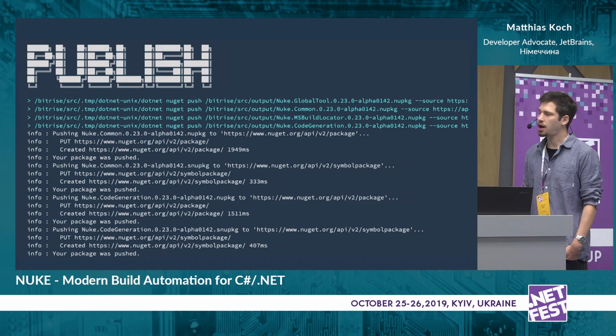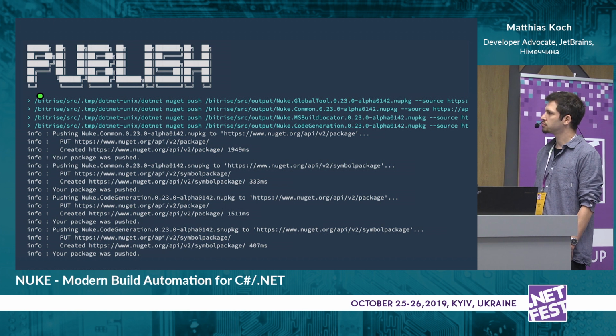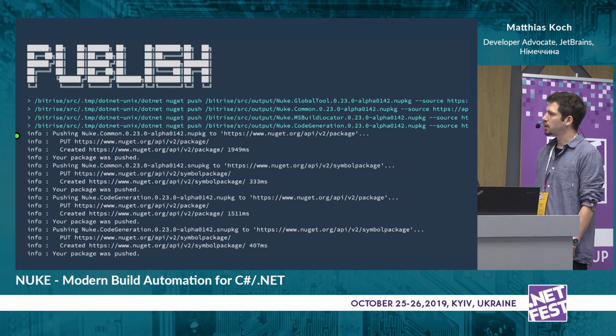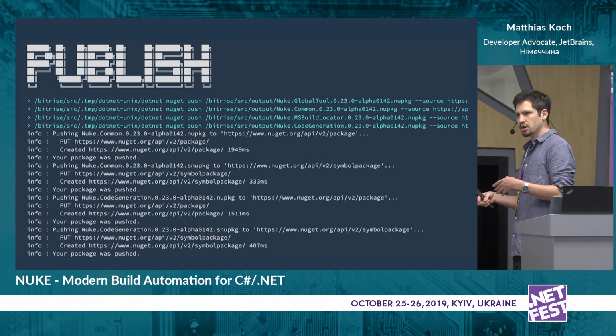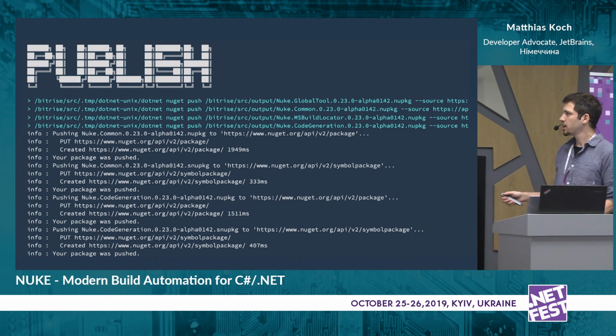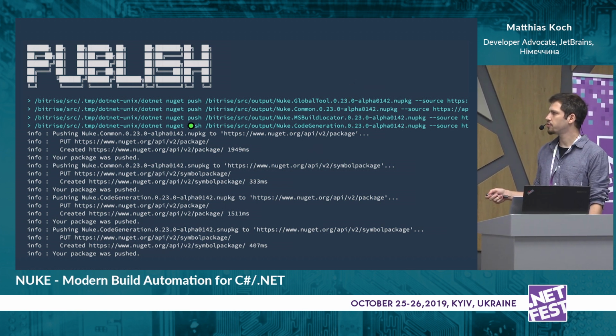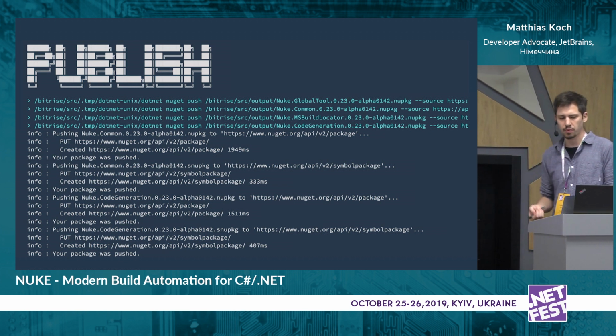This is how it looks on Bitrise, for instance. So there's the publish target, and I have a total of 4 packages. And you see the invocation, they're actually invoked as parallel, and only afterwards the output of every invocation is printed as it gets outputted from the actual command line.